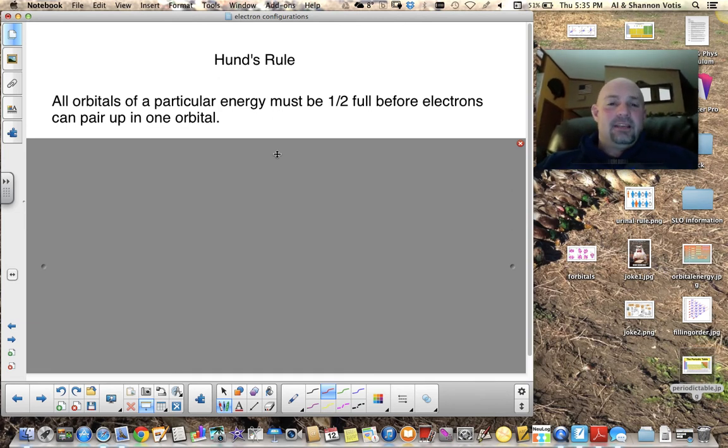And the reasoning for this is that if I put 2 electrons together in one orbital, the electrons are both negatively charged, and those negatively charged electrons want to repel each other. So if I spread them apart as far as possible by putting 1 in each separate orbital to begin with, then they're as far apart as they can be, which means we have the least amount of repulsion, which means it doesn't take as much energy to put them in there.